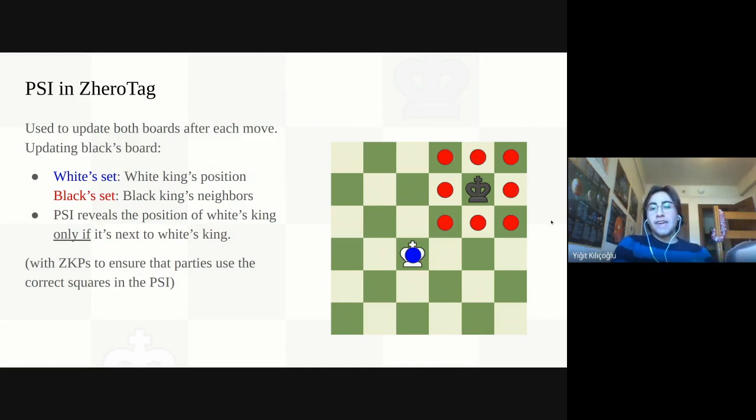And so if the black king sends only 3 values in its PSI, then it sort of leaks some information to the white king, right? Because it implies that the black king is at a corner. And so, I also always had to think about these edge cases to make sure that nothing was wrong.